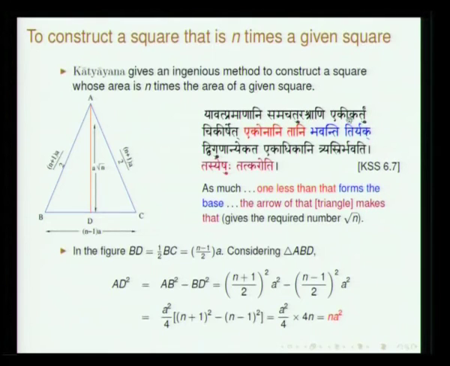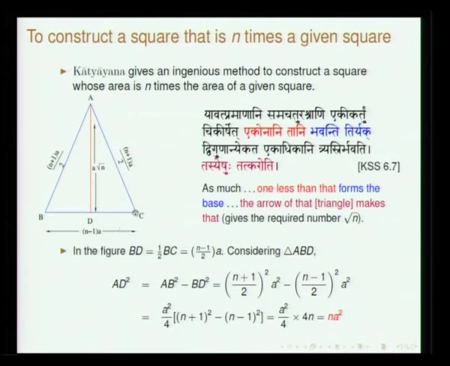Okay. So, yavat pramanani samachaturashrani ekikartum chikirshet ekonani tani bhavanti. Ekona means remove one from that. Okay. Here let us look into this diagram. He basically tells that you have to conceive of a certain triangle wherein one of the sides, which can be considered as the base, is n minus 1 times a, see ekonani.